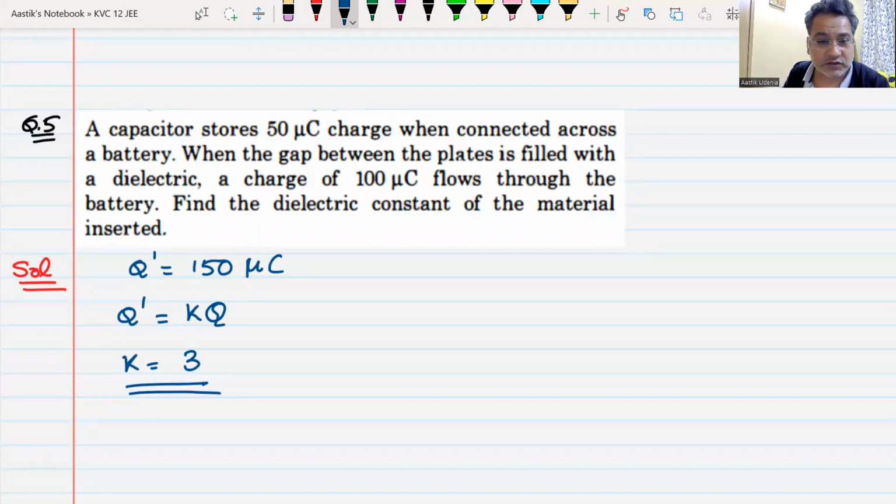And this is how questions are put in the examination hall. Do we understand how this question was done? Yes or no? Yes, sir. Okay. Now let me give you another one.